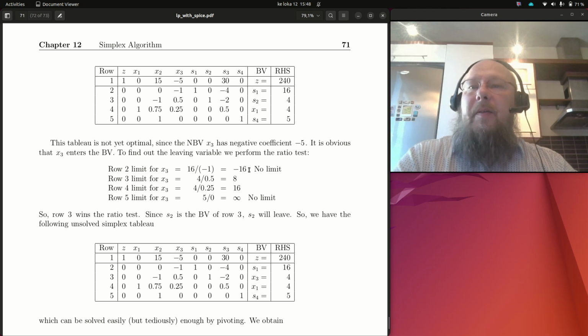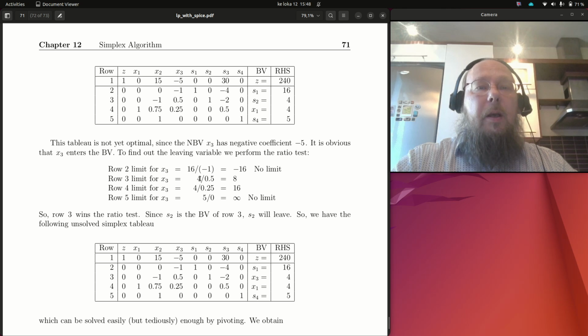So that's a negative number, meaning no limit at all. So if we increase x3, this will decrease, so this is not going to go to 0 at all. So the slack will only increase. So this means that row 2 gives us no limit.